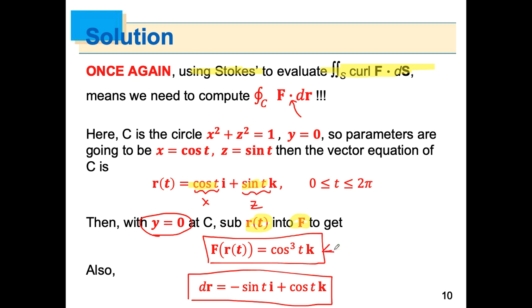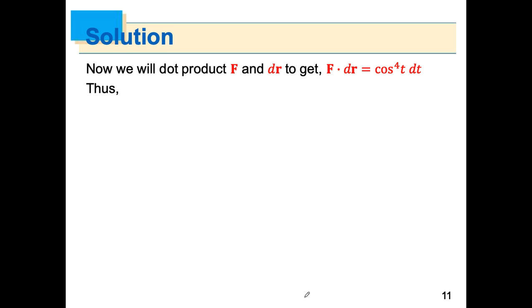So let's recall, what is dot product? Again, it's the i term times the i term plus the j term times the j term plus the k term times the k term. Notice that they only have a k term in common. There's no i or j term in common, so the i term and the j term both go away. Basically, you simply multiply cosine cubed times cosine, and you might have guessed we end up getting cosine to the 4th power.